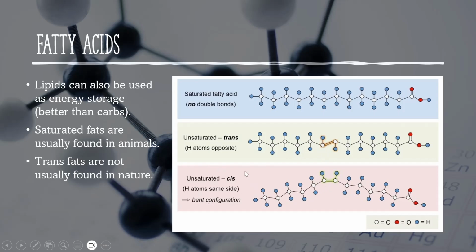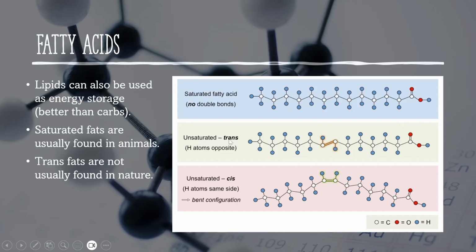Since unsaturated cis fatty acids have their hydrogen atoms on the same side, it causes this bent formation, which is why unsaturated cis fatty acids tend to be better for you, because they can't accumulate in the same way that saturated fatty acids can in the body. Most of the cellular fat you see in animals is going to be saturated fatty acids.